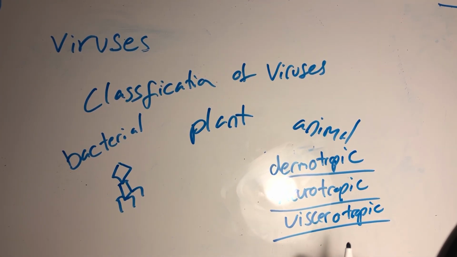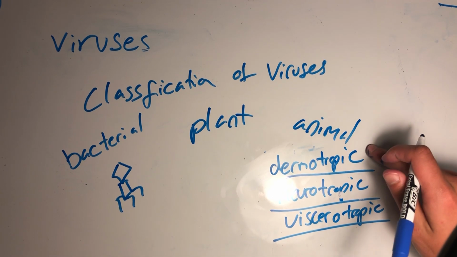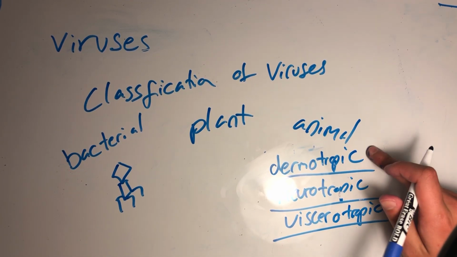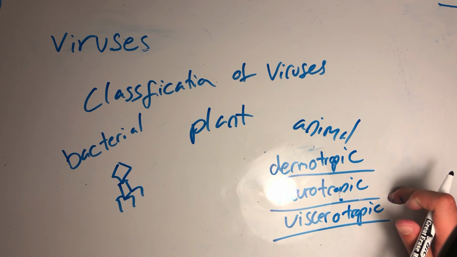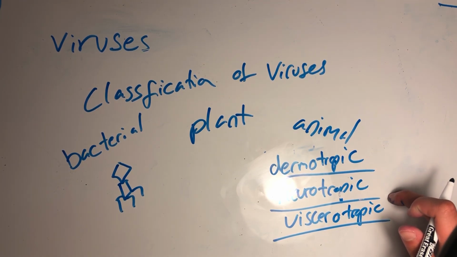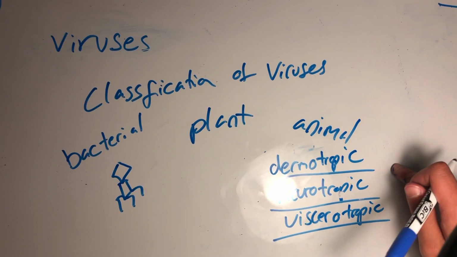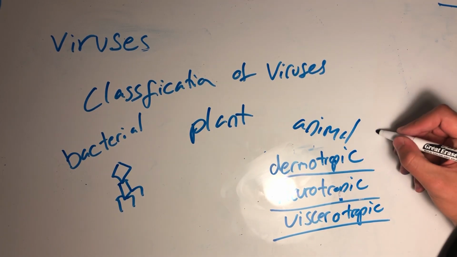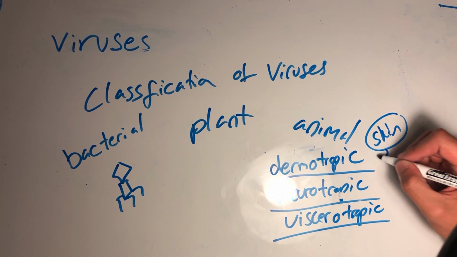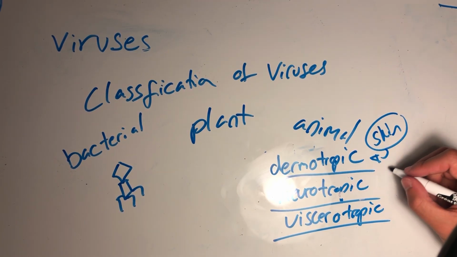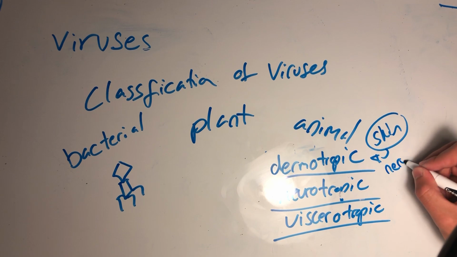Or if they attacked, oh wait, sorry, this one is for tissues. This one's for skin. Or no, this one's for if they attack nerve tissues. That one's for skin. Sorry, I keep mixing them up. So that one's skin. This one is for the nerves.